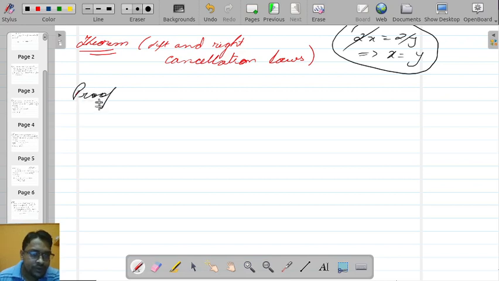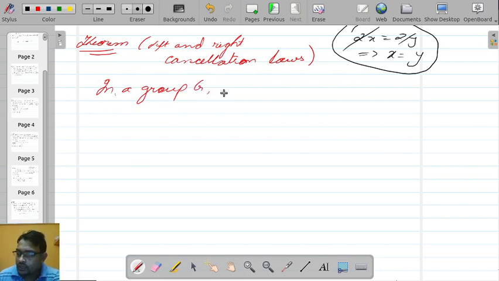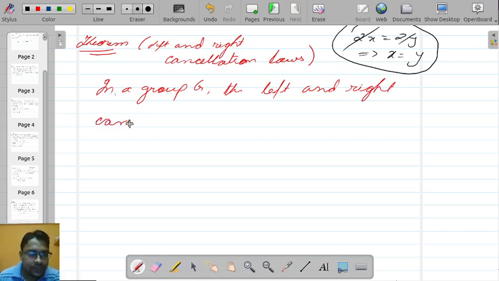Theorem: in a group G, the left and right cancellation laws hold.